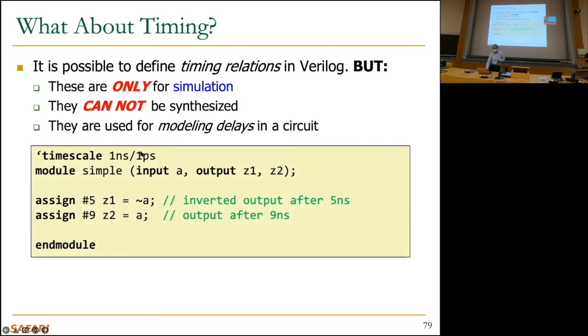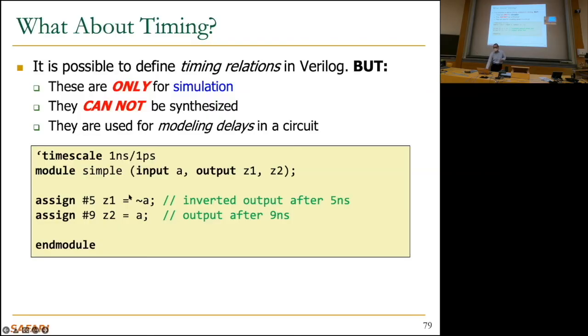So here, for example, you define some time scale, and then a multiple of those time scales. Here, for example, you're assigning Z1 to A bar, and this takes effect after 5 time scales. And the second thing takes effect after 9 time scales. And you basically hard code these. It's kind of cumbersome, I agree with that. But you can hard code these, and you can see this in a timing simulation, what happens.